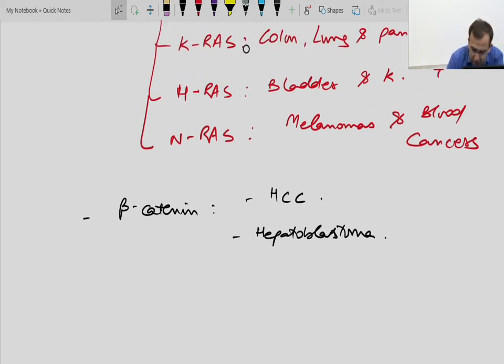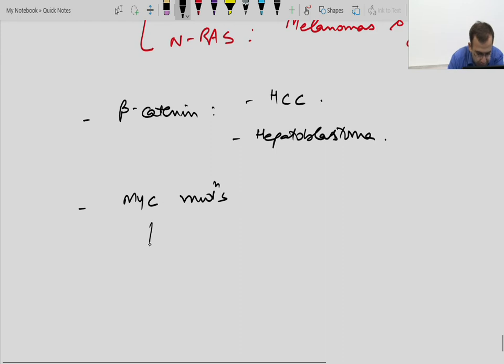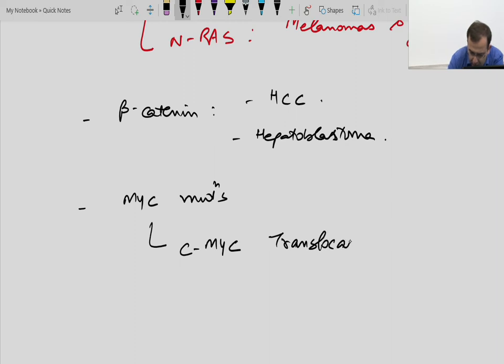Next, MYC mutations. c-Myc translocation causes Burkitt's lymphoma. Please note it is not overexpression; the option asked you overexpression.